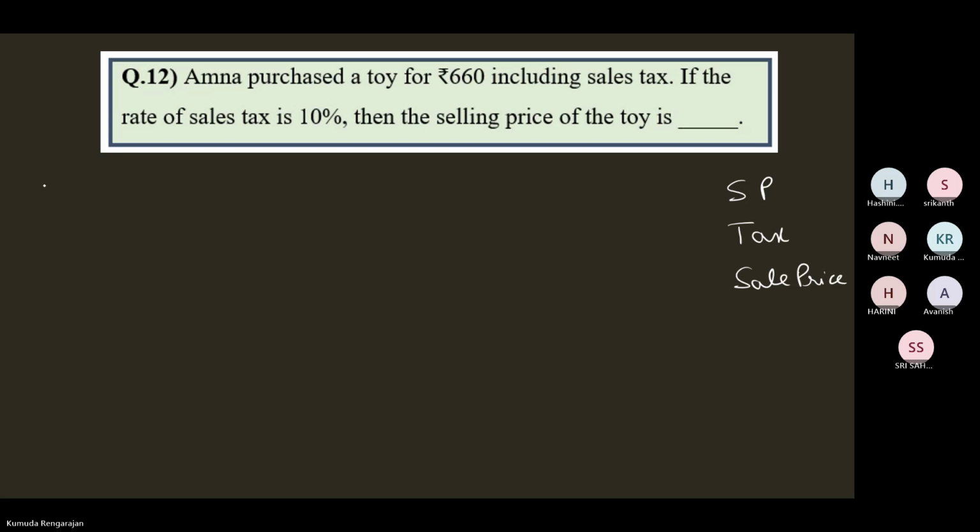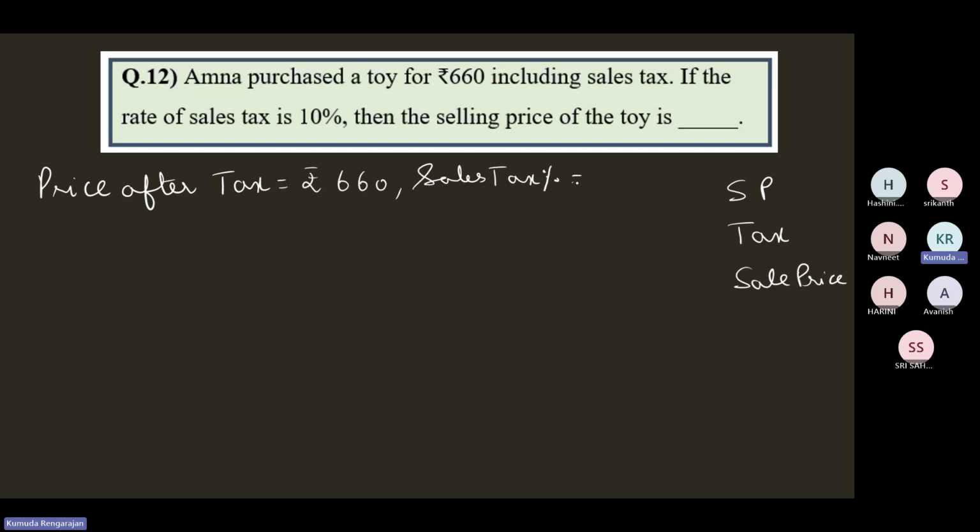So you can write it like this. Price after tax is equal to rupees 660. Sales tax percentage is equal to 10%. You have to find the selling price, meaning the price before tax.